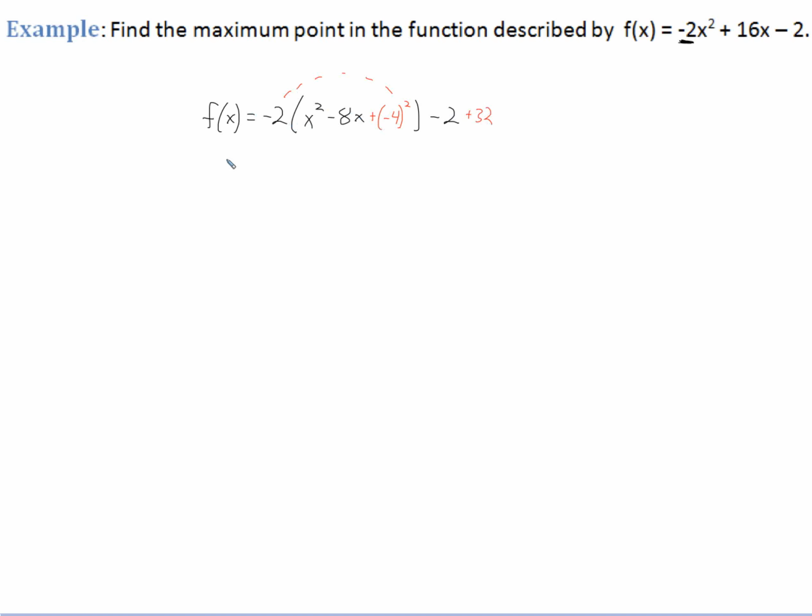We don't have to graph it because we know that the vertex will be the maximum point. And so this is -2 times x minus 4 squared plus 30. So the maximum point is the opposite of this, 4, 30. And those are the concepts from lesson 2.3.